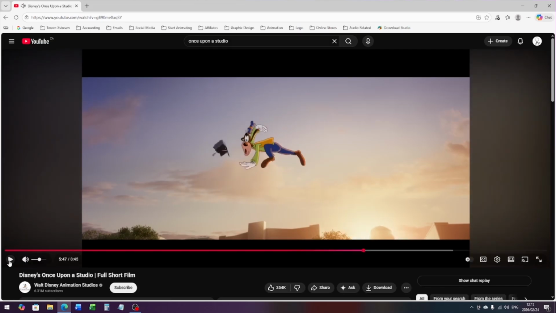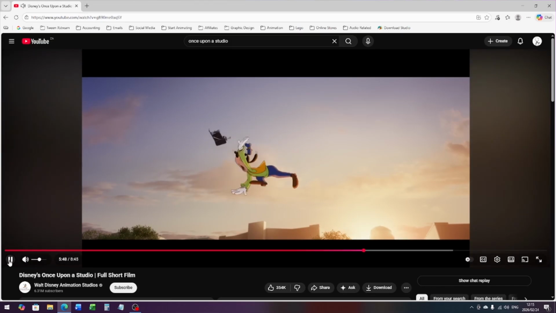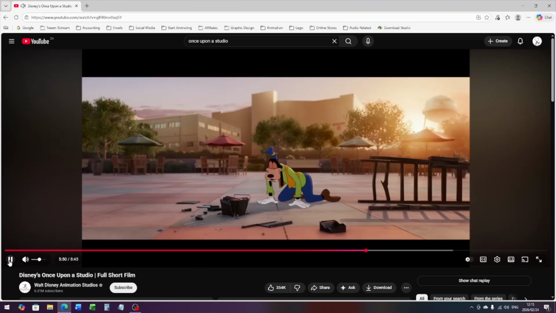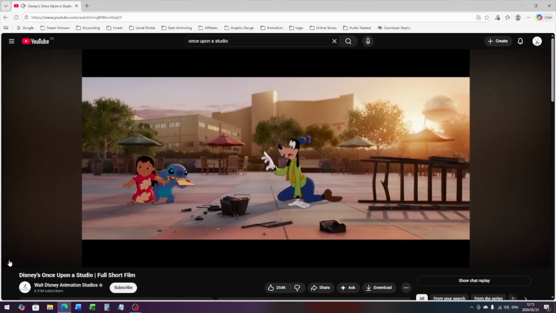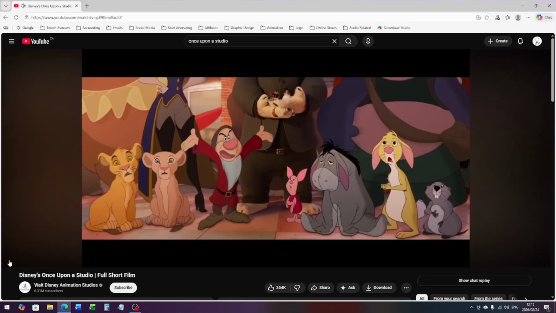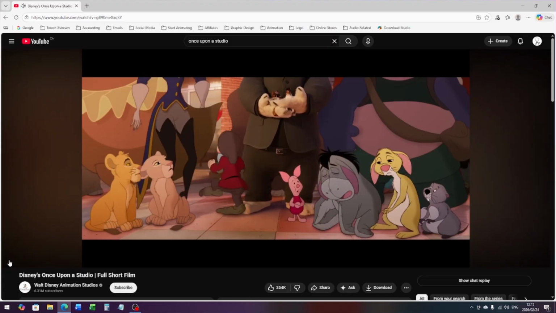And then again floating in the air and then drops.